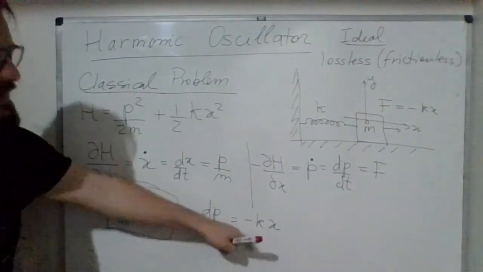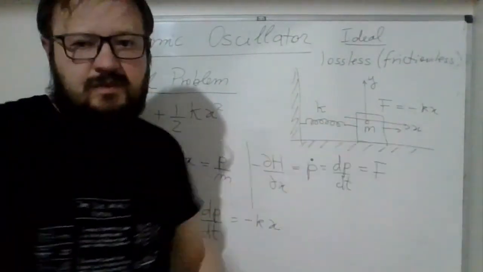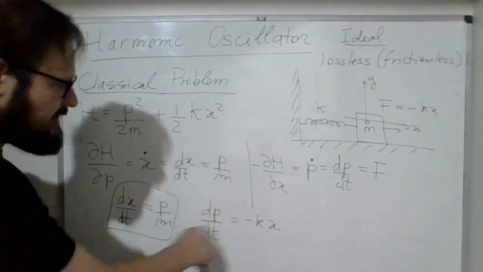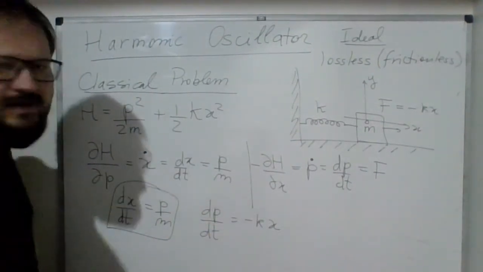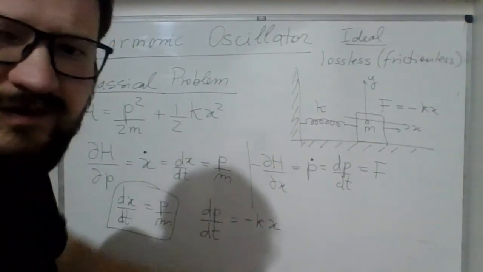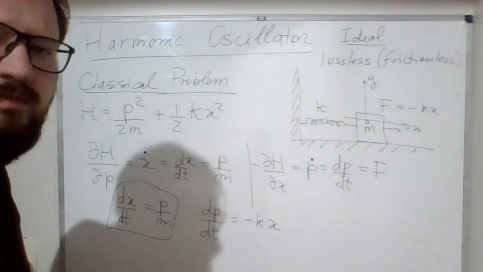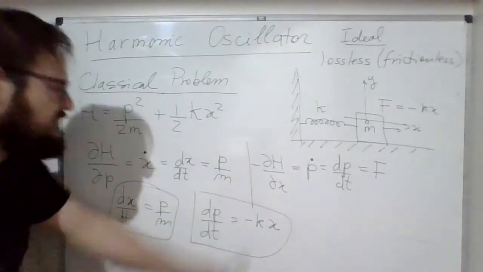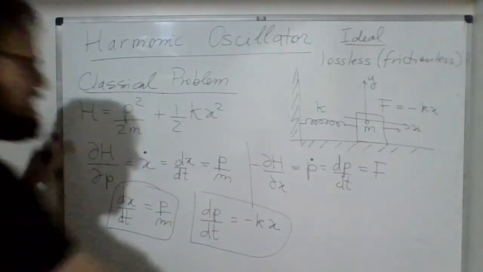That's what we need here, because this is the restoring force, and momentum varies according to the force. This is just Newton's second law, all right? So it is a pair of equations, all right?